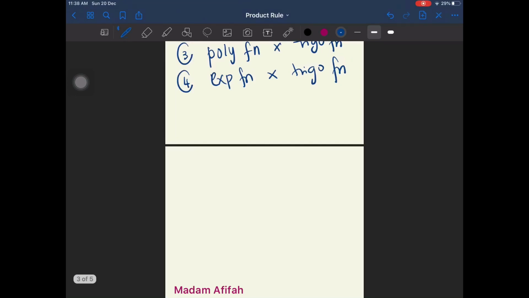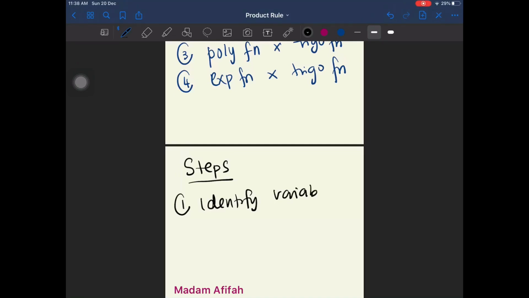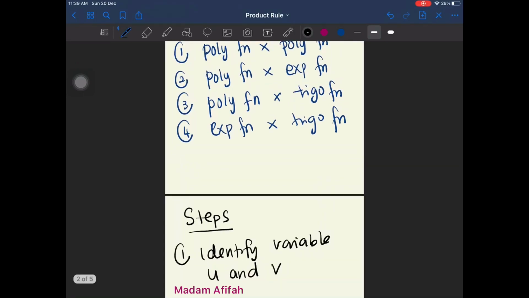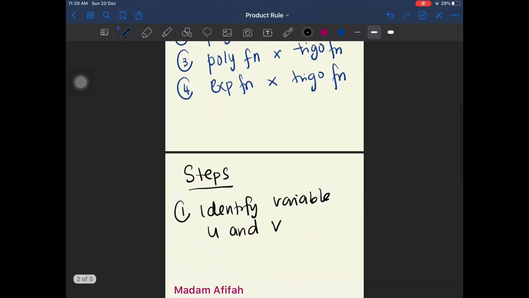The steps to solve using the product rule: for the first one, you need to identify two variables, u and v. You can choose any function to be u and any function to be v, either one.